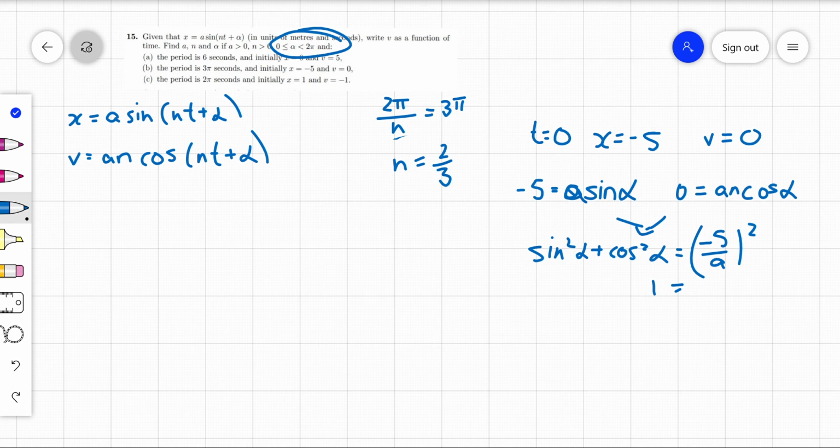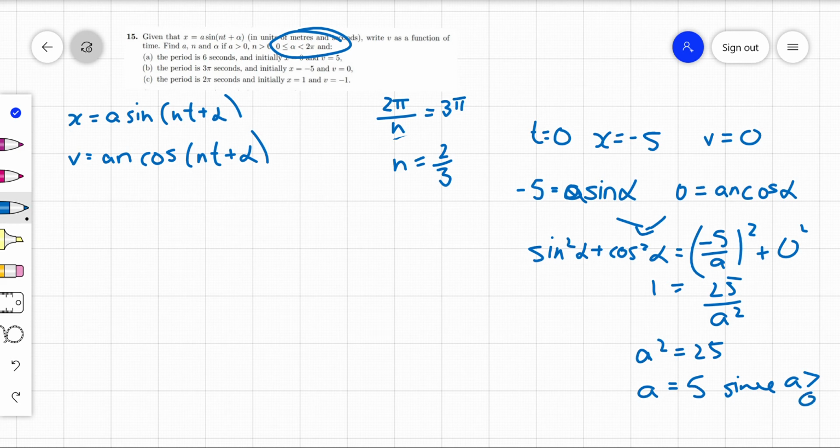Cos squared, I'll get 0 on an, all squared, so that's just 0 anyway. So here I've got 25 on a squared equaling 1, so a squared would be 25. So now a would have to be 5 since a has to be greater than 0. Sorry about that. So we've got a equals 5.